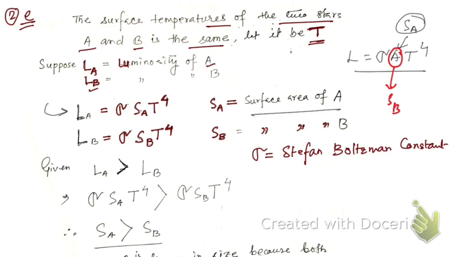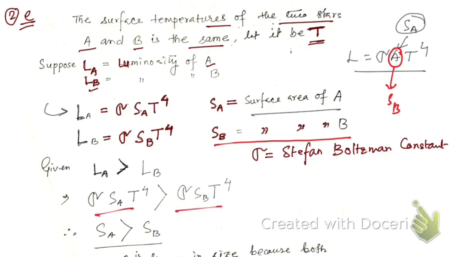So this is the surface area of star B, and now you see in the question it is given that the luminosity of star A is higher than the luminosity of star B. So let's put the values of LA and LB here.